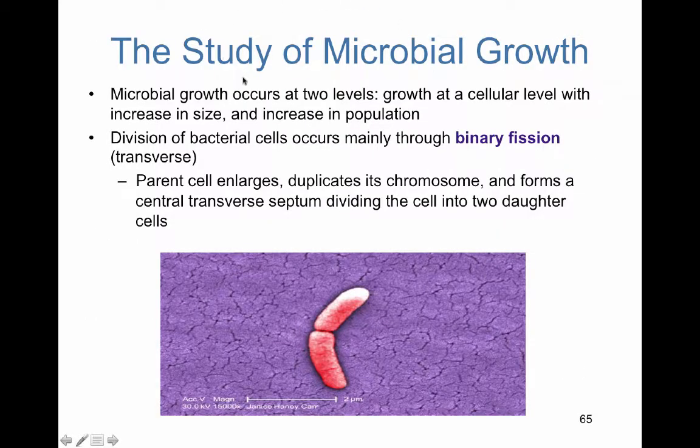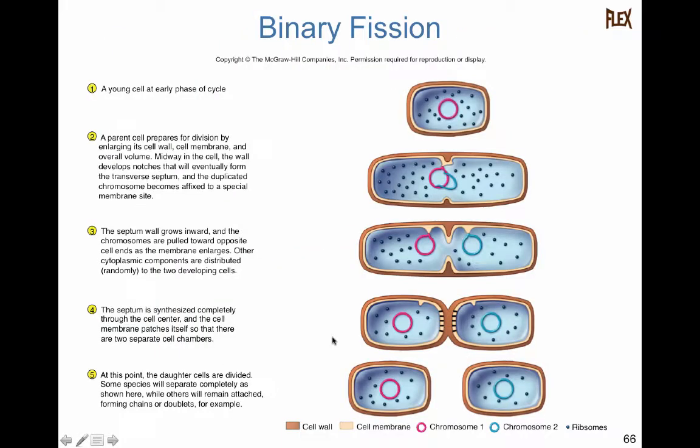Now, with regards to how microbes grow, I'm going to zoom in and focus on bacteria. So bacteria divide by this process called binary fission. What happens in binary fission is the parent cell will enlarge, it'll duplicate its chromosome, and it'll form what you see in this picture here, a central transverse septum dividing the cell into two daughter cells.